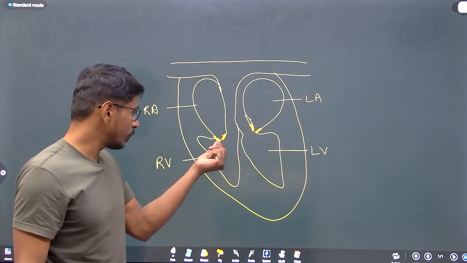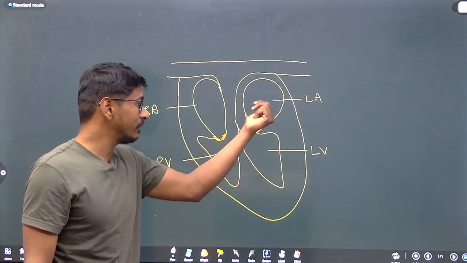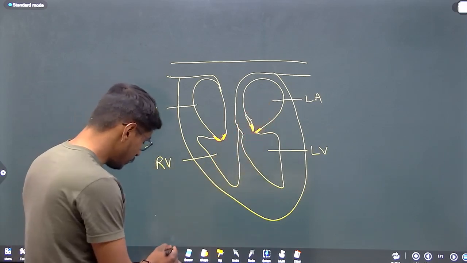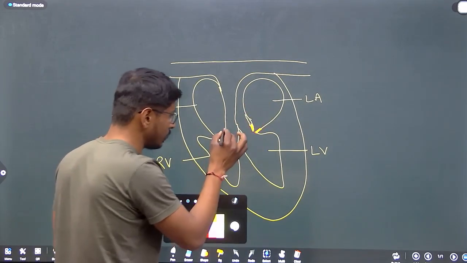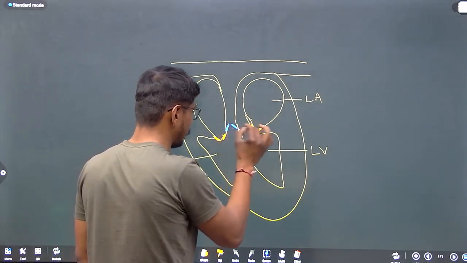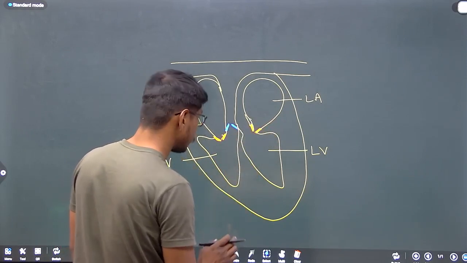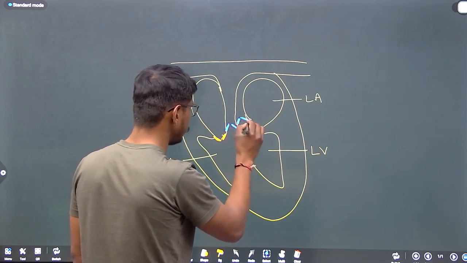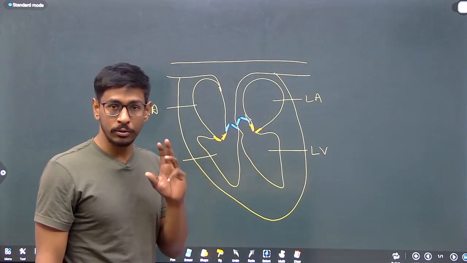So these are the two valves. One is between the right atrium and right ventricle, and the second one is between the left atrium and left ventricle. Now we also have two more things here, so let me draw them in a different color. So yeah, this and this. Okay, so we have four types of valves.